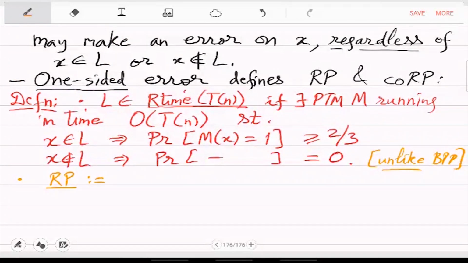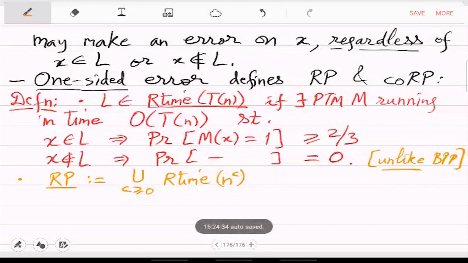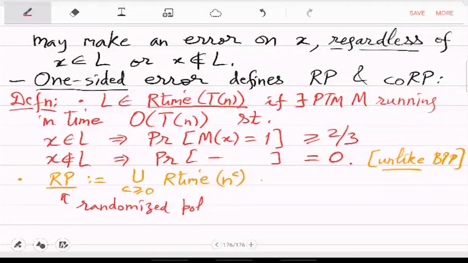So the class RP is over all polynomials, and this you can read as randomized polytime. Sometimes BPP, RP, co-RP, all of these we call randomized polynomial time.